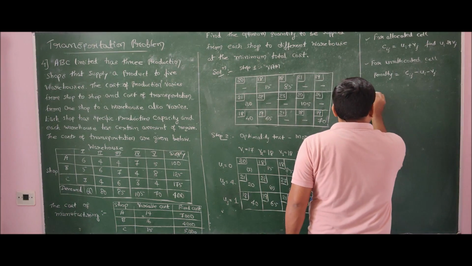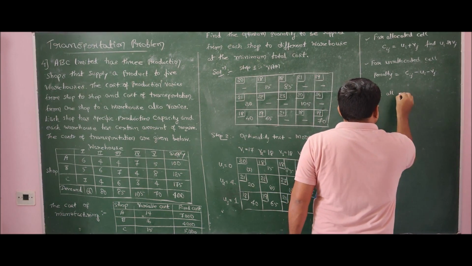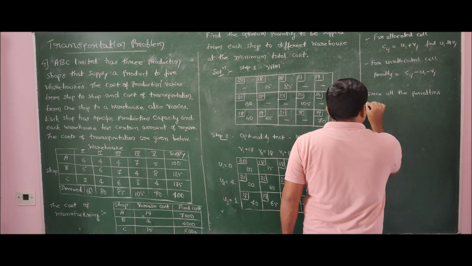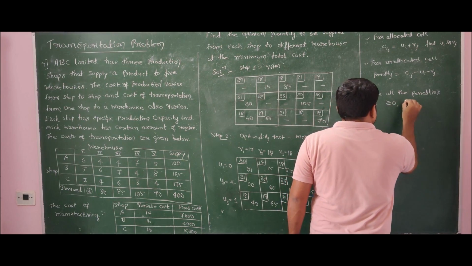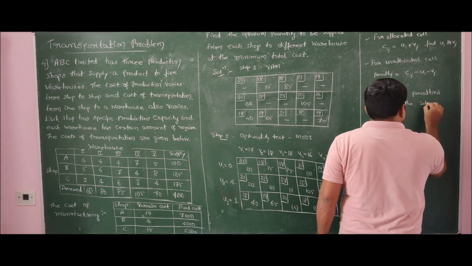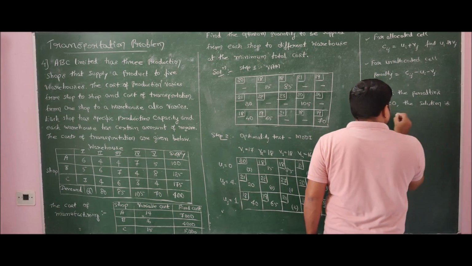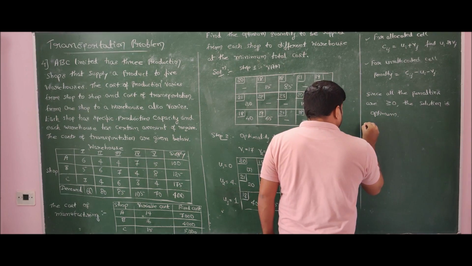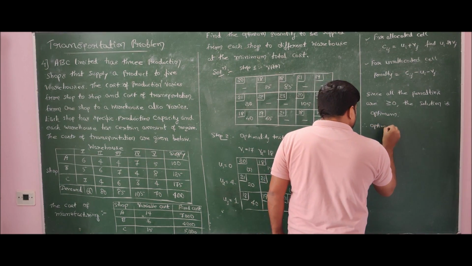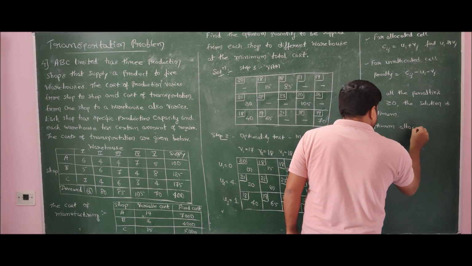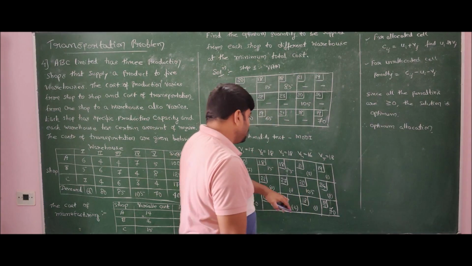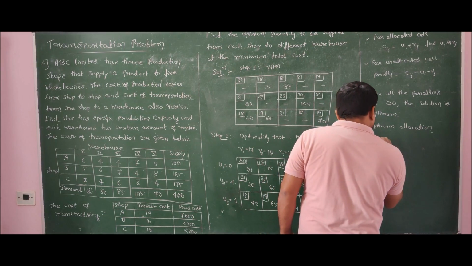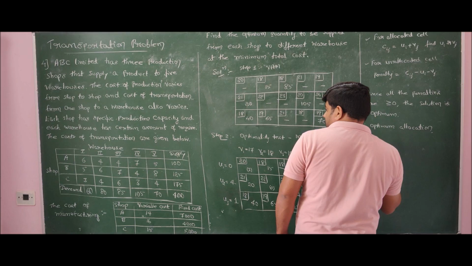So therefore the optimum allocation will be as shown, and the optimum total cost, that is the minimum total cost, is also known for us.